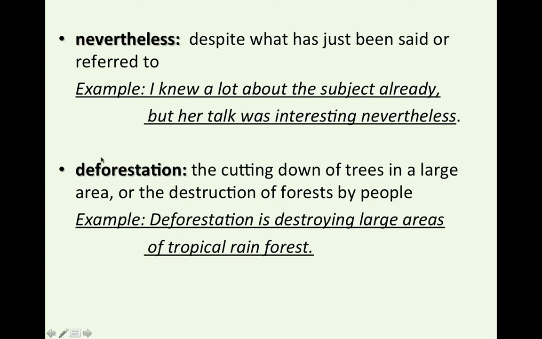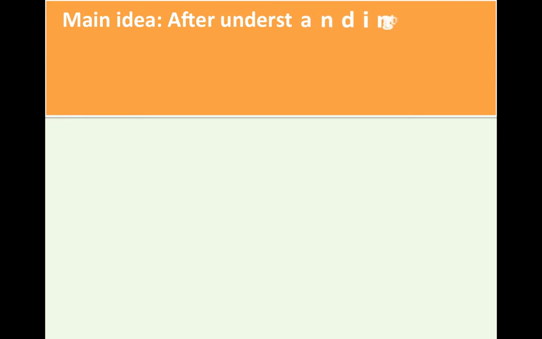In this word, you can see forest here, and the de- is a prefix meaning to cut, right? And the suffix -ation makes it a noun. So deforestation means to eliminate forests, turned into the noun. Almost the end.